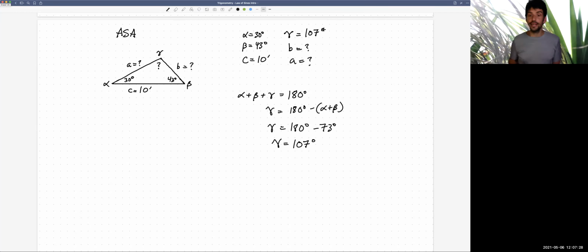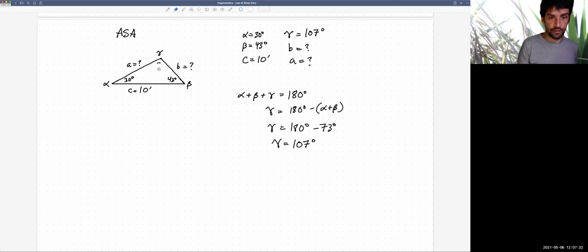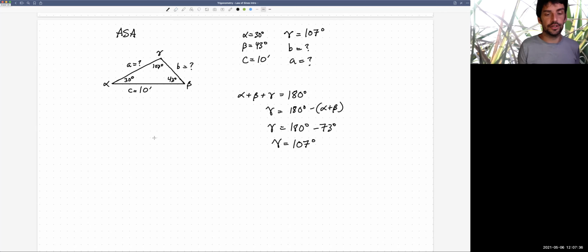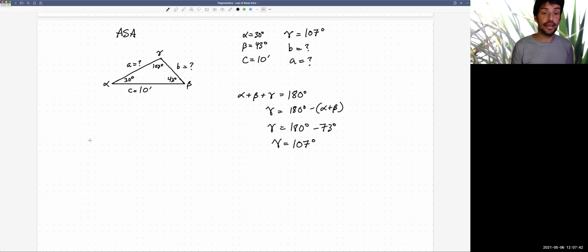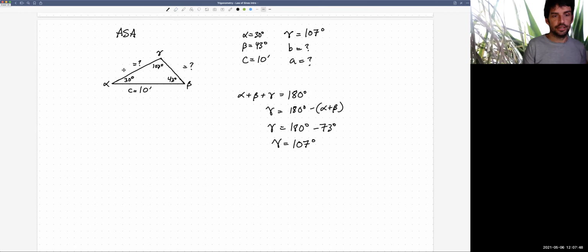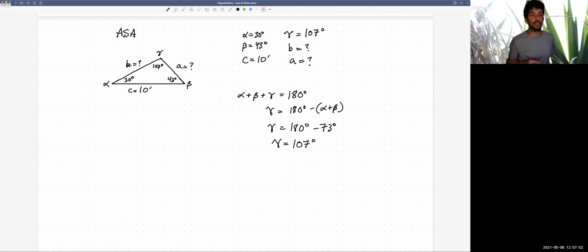Okay. And now we can start using the law of sines. Actually, let's write it here too. We've got 107 degrees. So now let's see if we can find side A. Oh, I mislabeled this, sorry. I switched my A and my B. Doesn't change anything about what we need to know. I just wrote too quickly.